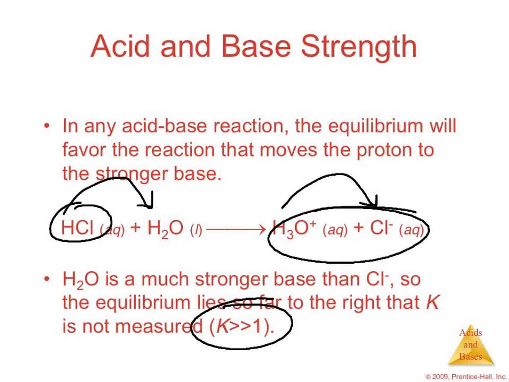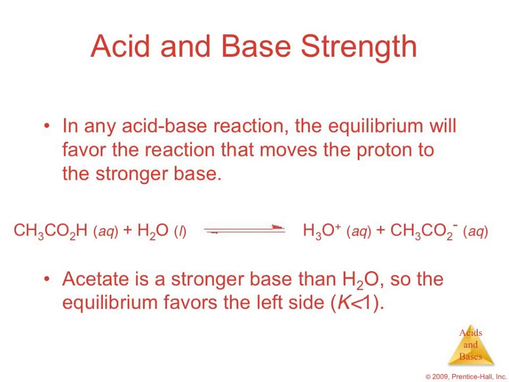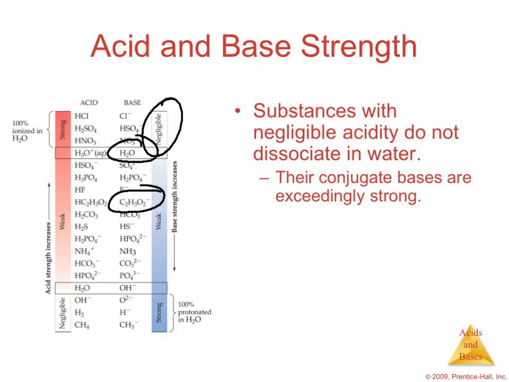Now you could also look at the acid here. I don't know, it doesn't have to be the base. So H3O plus versus acetic acid. If you look at those two, notice that H3O plus is higher on the acid strength scale than the acetic acid.